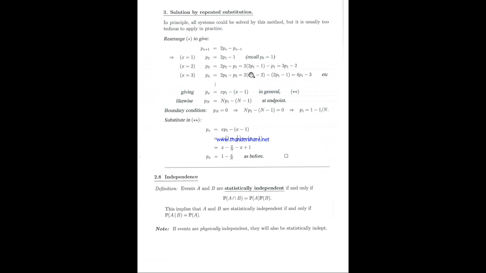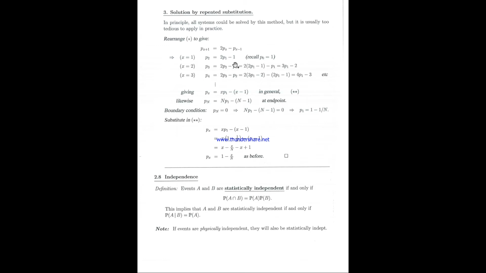For P2, you can substitute from this equation, and you will get P3 is equal to 3 times P1 minus 2. When it comes to P4, you have 2 times P3 minus P2, but for P2 and P3, again, you can substitute from the equations, and we get 4 times P1 minus 3.